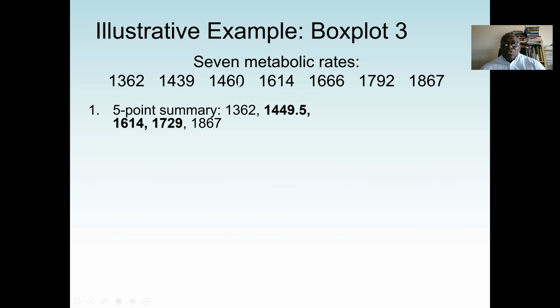So we have two middle values: 1439 plus 1460 divided by 2, and that gives me 1449.5. Then the same thing, we use 1614 on the right side. We get two middle values, 1666 plus 1792 divided by 2, and that gives us 1729.